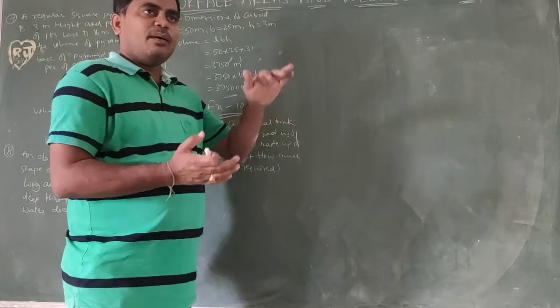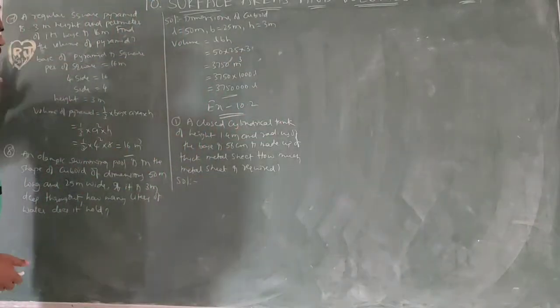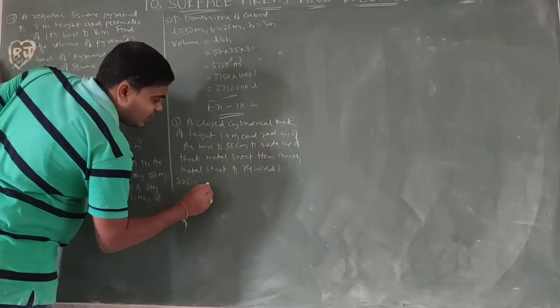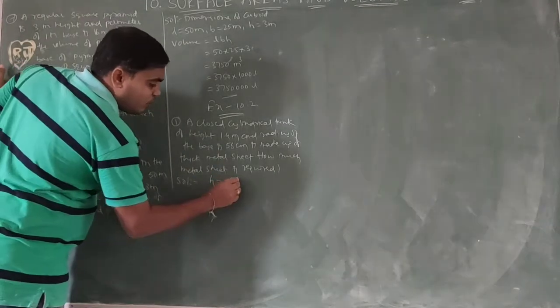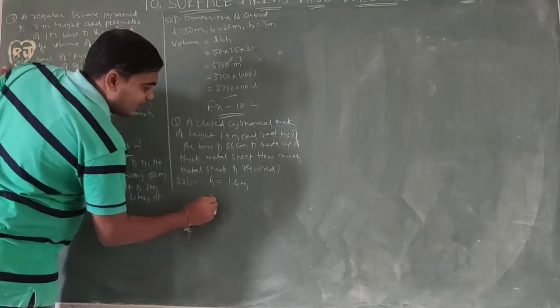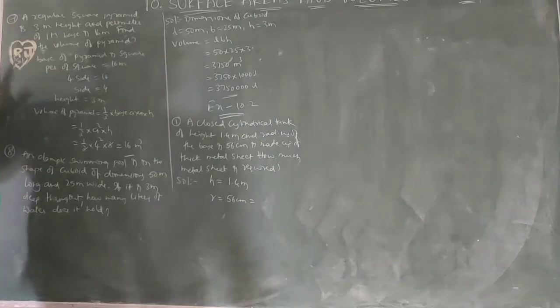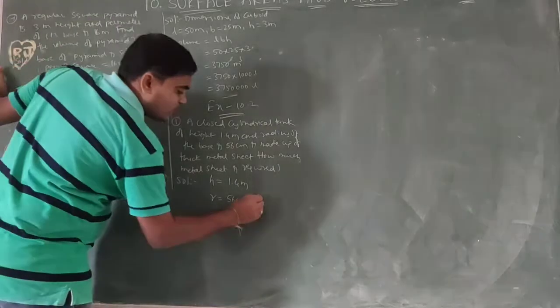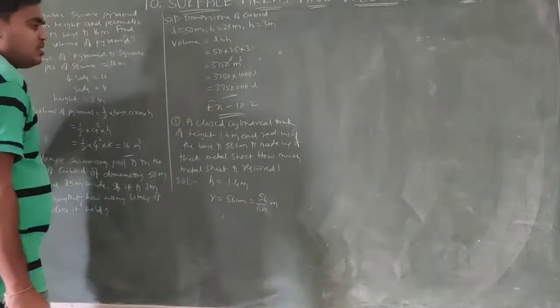So lateral plus 2 closed surfaces. So we need the total surface area. First, height equals 1.4 meters. Radius equals 56 centimeters, but we need it in meters, so 56 by 100 meters, 0.56.